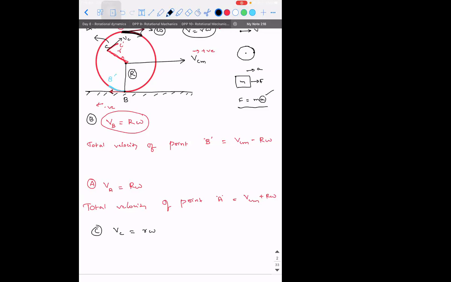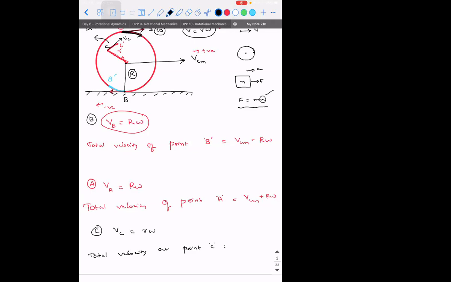Now, what can I write about the total velocity at point C? This is where you need to be careful. What should I write the total velocity at point C is?